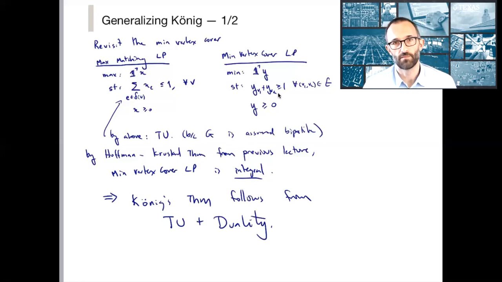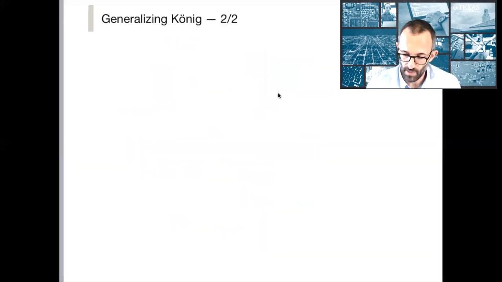So we're using more general machinery to reprove something that we had used reasoning that was very specific to this particular problem. And beyond that, it allows us now to generalize Konig's theorem to other things.